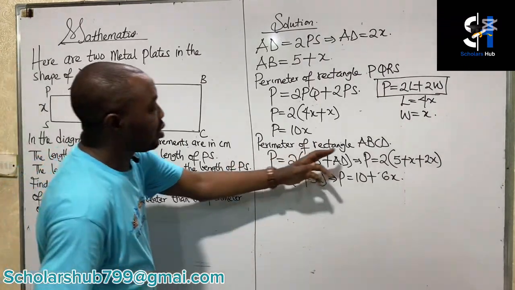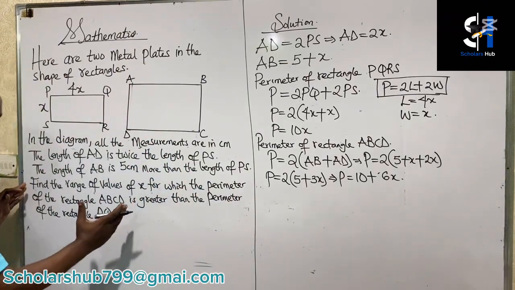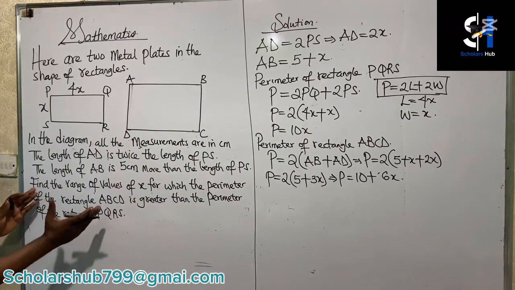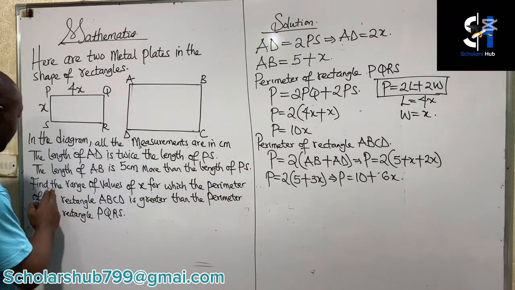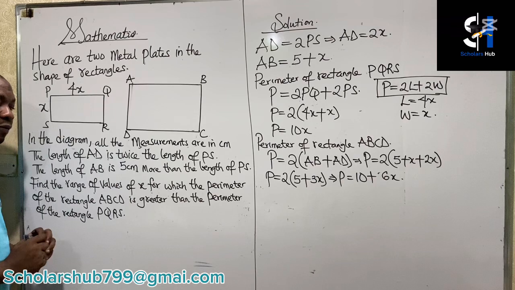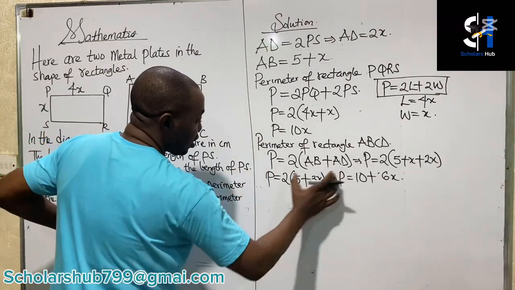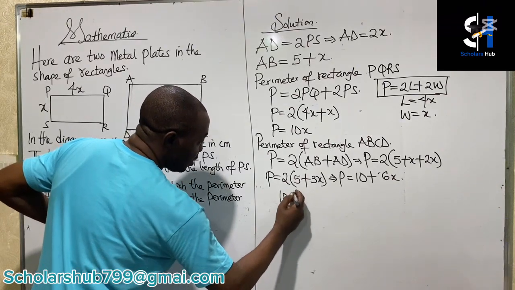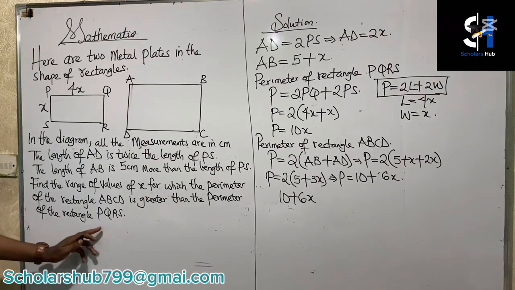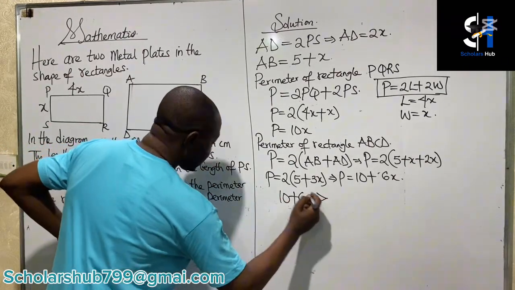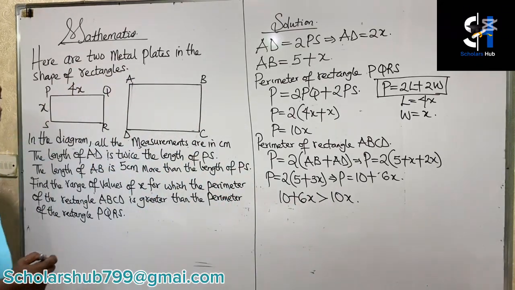So the perimeter of rectangle ABCD, which is 10 plus 6x, is greater than the perimeter of the rectangle PQRS, so we have 10x.